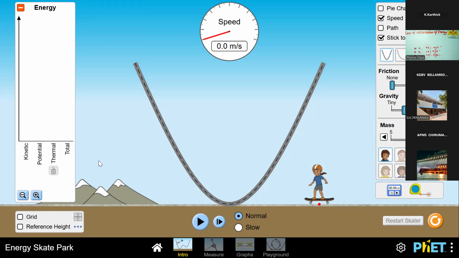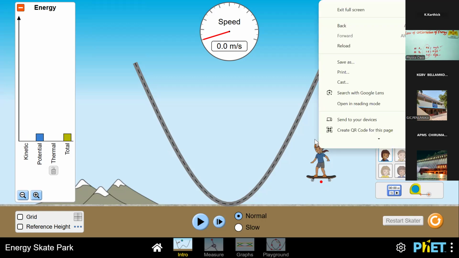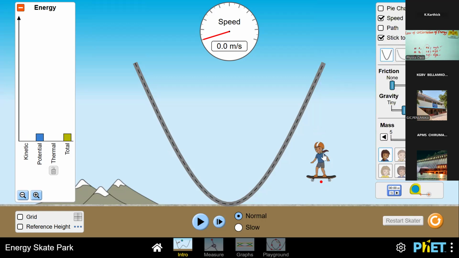But you can see if I begin to raise the person here, the potential graph rises as well as total energy rises because height increases.